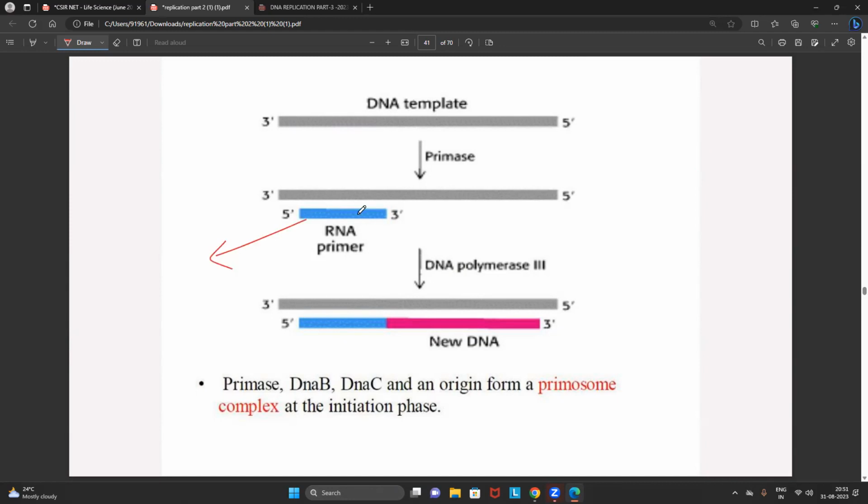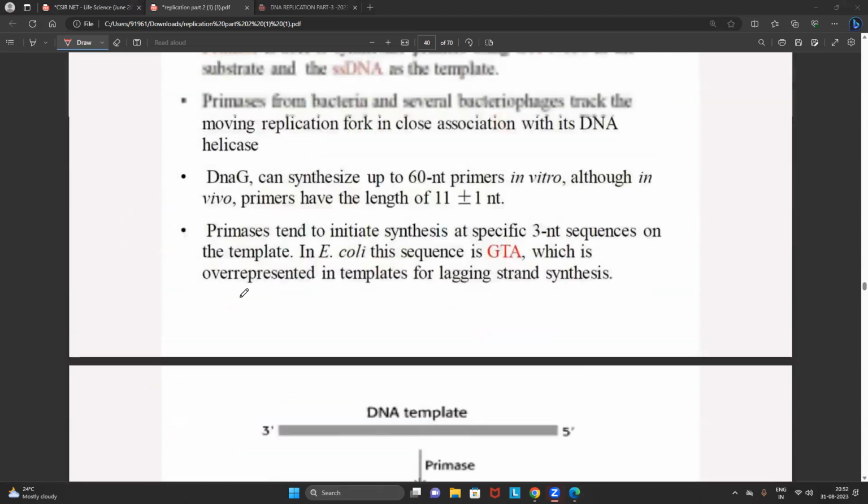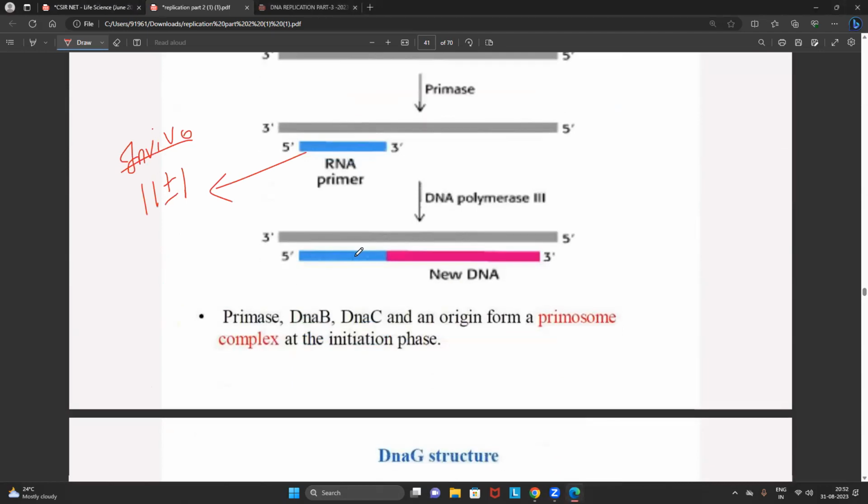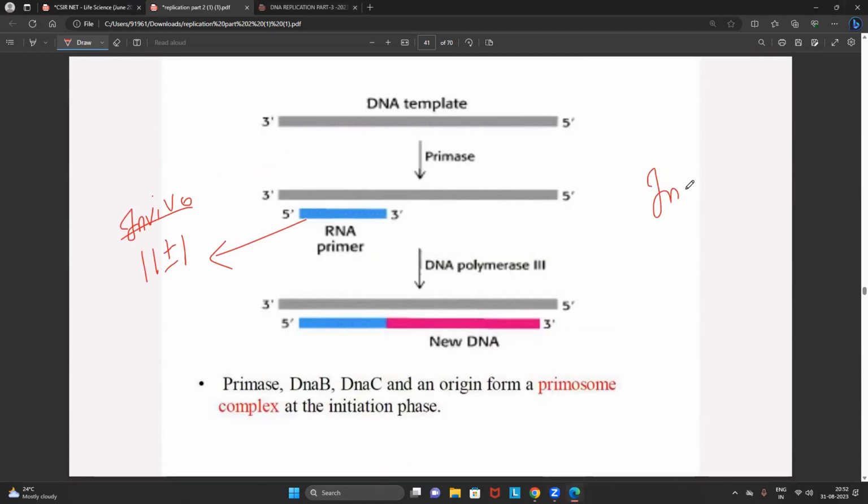So friends, what is the length of this primer? The length of primer in vivo, I mean to say within the body, is 11 plus or minus 1. But friends, in case of in vitro, within the laboratory, especially what we use in the PCR technique, right?